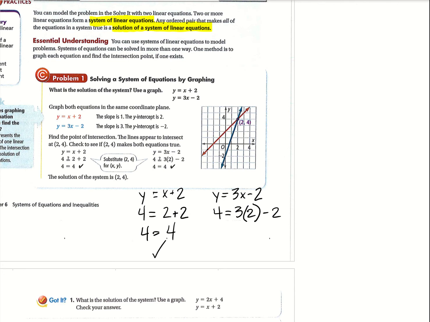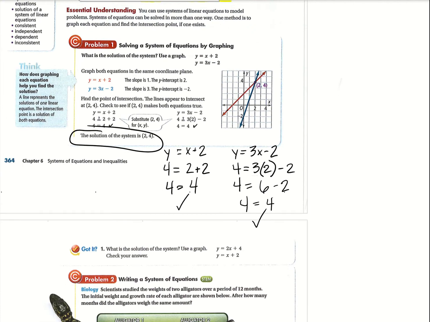And then the other one, we have 4 equals 3 times 2, which is 6, minus 2, which is also 4. So that tells you that both of these are true, which means that this is a solution for this particular system. All right, that's really all you have to do on those.